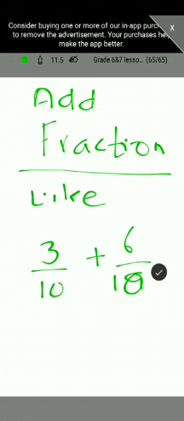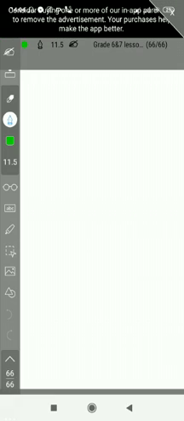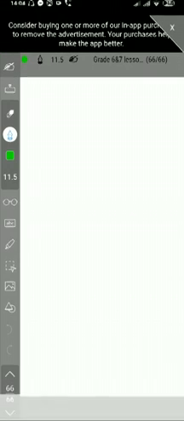Since you have like fractions, we only add the numerators, and the denominator will remain the same. The denominator will remain 10, and 6 plus 3 will be 9, so 9/10 will be your answer. So it's easy to add fractions which have the same denominators, or like fractions.